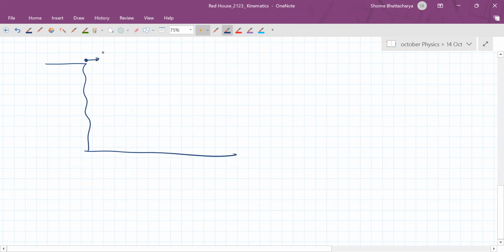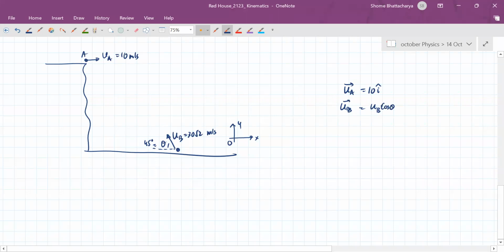If object A has a velocity like this, and object B has a velocity like this, and we take our XY system like this, then with respect to our ground frame, the initial velocity of A is 10 i cap, and the initial velocity of B is, with a minus sign on the cosine component and a sine theta component with the positive sign.